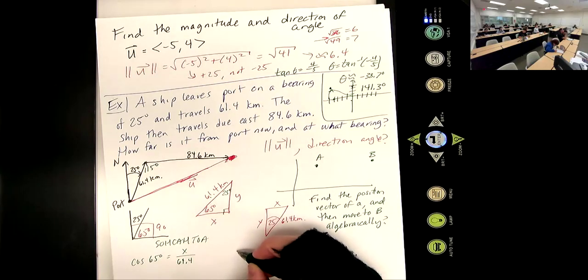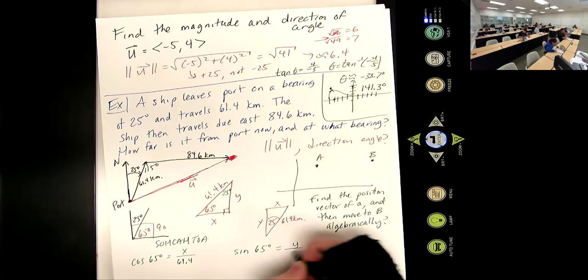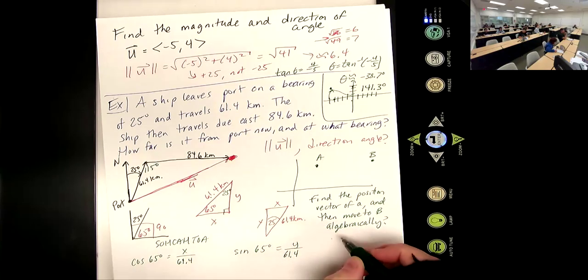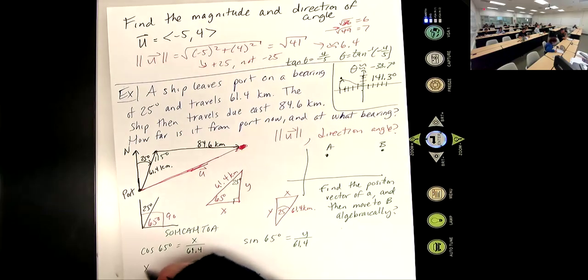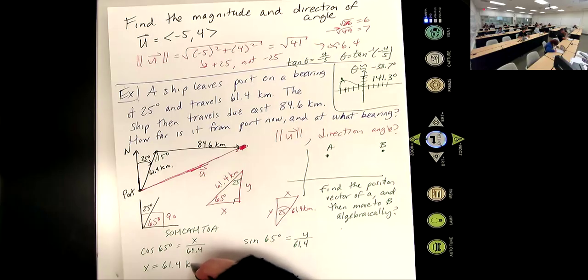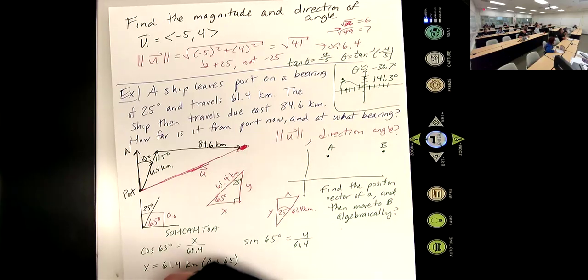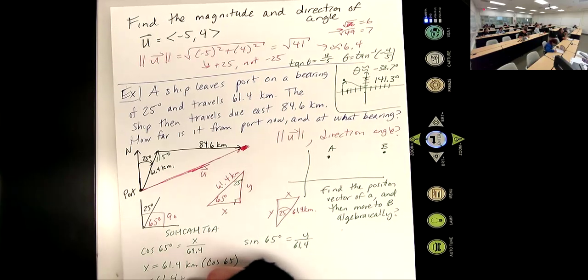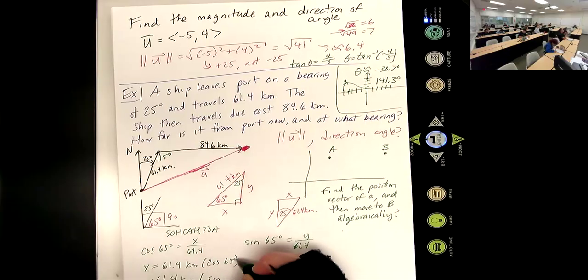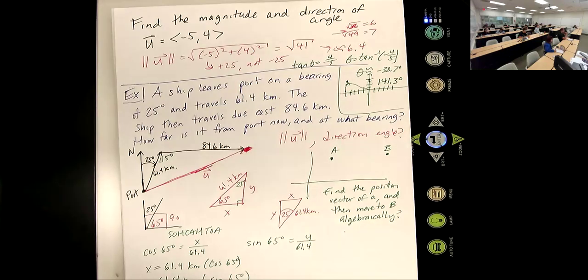And sine is the opposite one, sine of 65 degrees equals y over 61.4. So x equals 61.4 kilometers times cosine of 65, and y equals 61.4 kilometers times sine of 65. Figure out what those are.